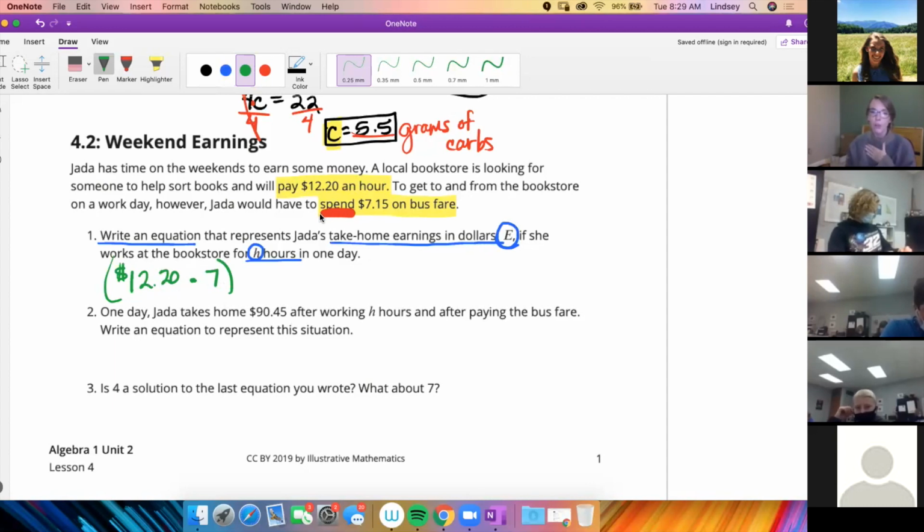But look, we have to think about this. How are we getting to work? The bus. And we have to spend $7.15 of that money we earned. So then what do I have to do? I have to subtract it. So I have to subtract $7.15.